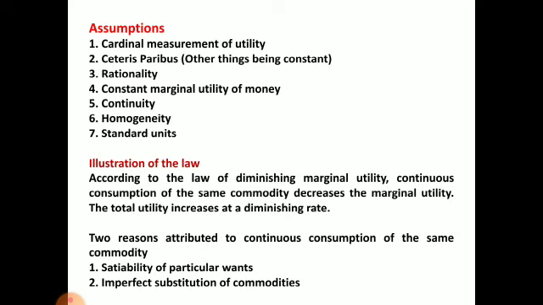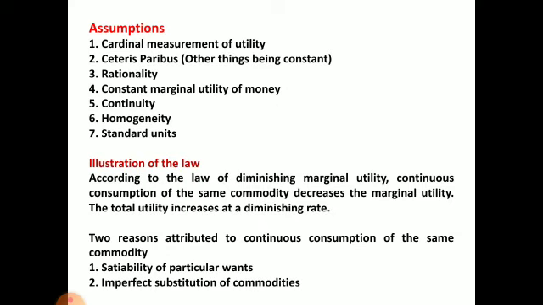That is what we mean by rationality. And the next assumption is that the law of diminishing marginal utility assumes the marginal utility of money to remain constant.